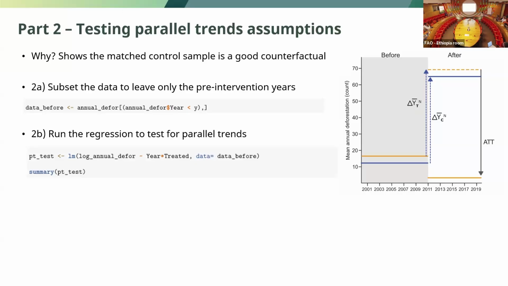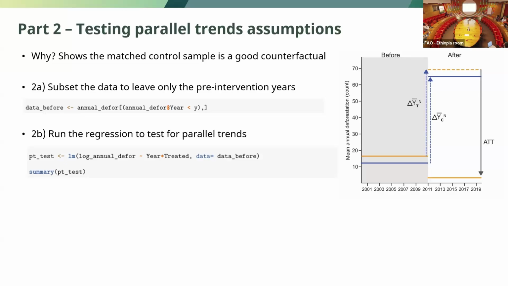So first of all, we need to test one of the key assumptions of difference in differences, which is the parallel pre-trends. If any of you were in the session before lunch, you would have heard all about this. But just in case you weren't, this is a little schematic that I made to explain it to myself, and then I thought it was actually quite useful.